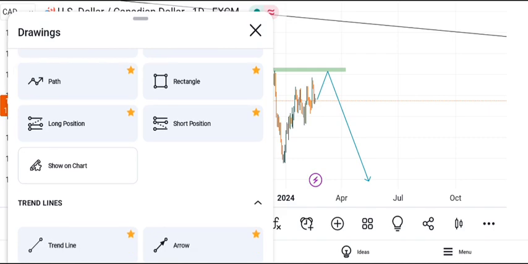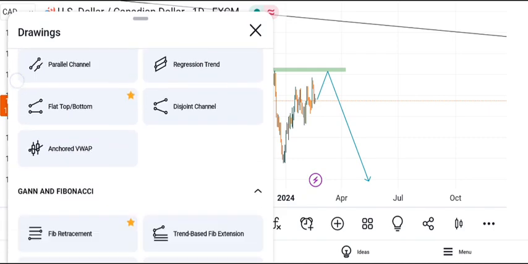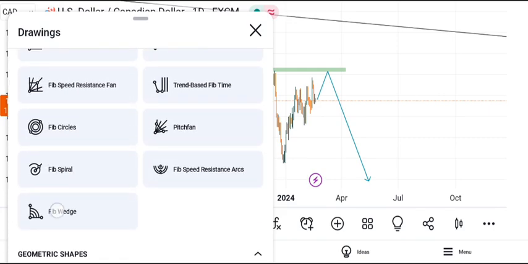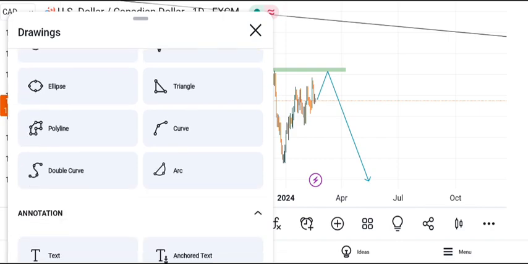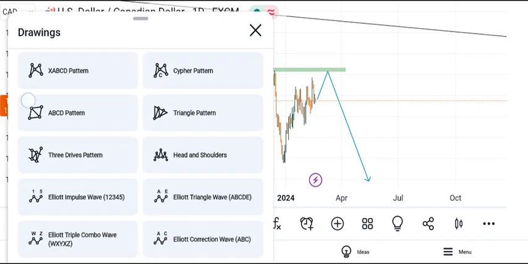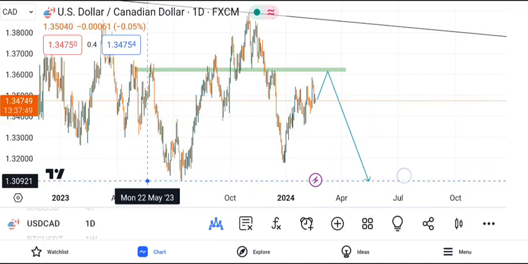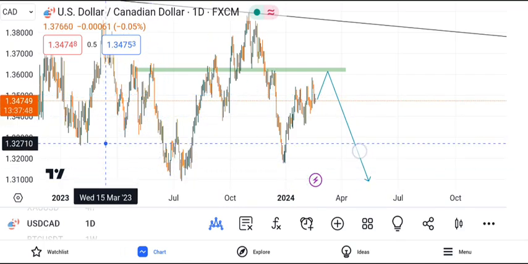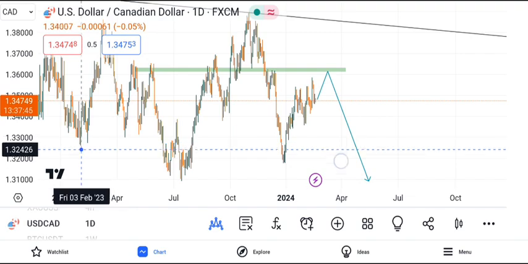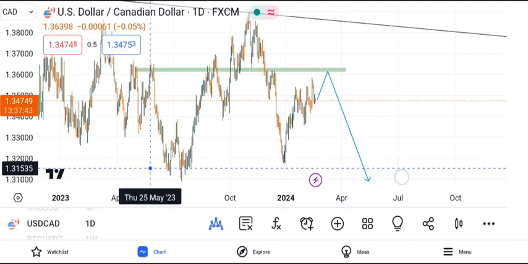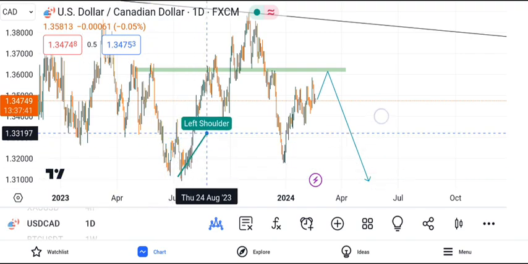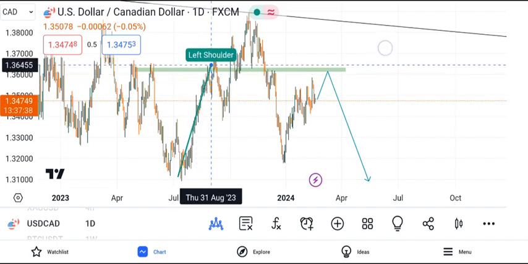Let's get the head and shoulders pattern tool to confirm if it's actually correct. So this is the head and shoulders tool. Just trying to check to see if it's correct.